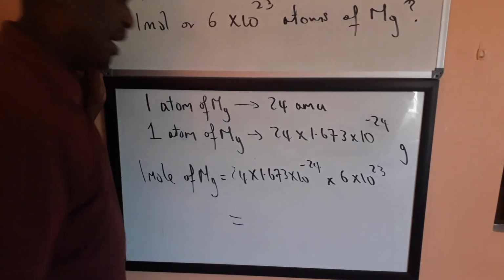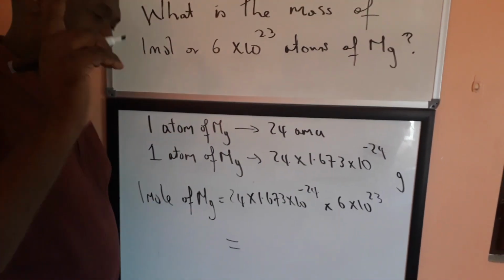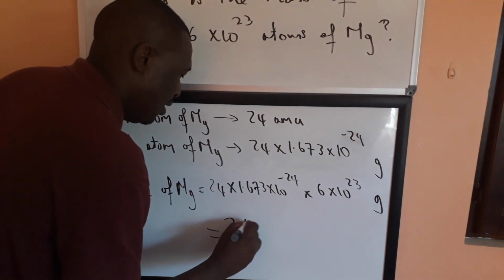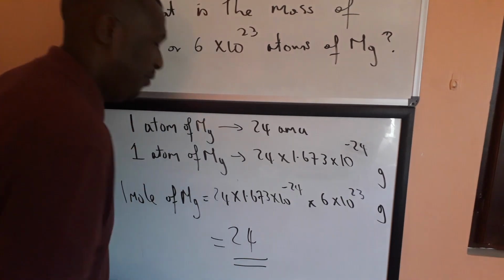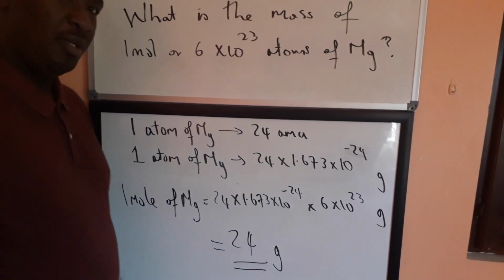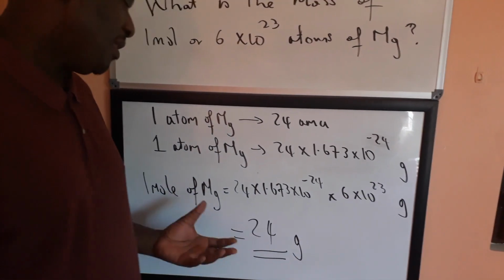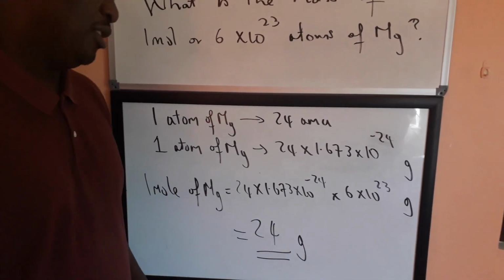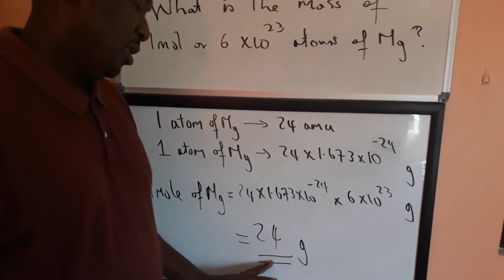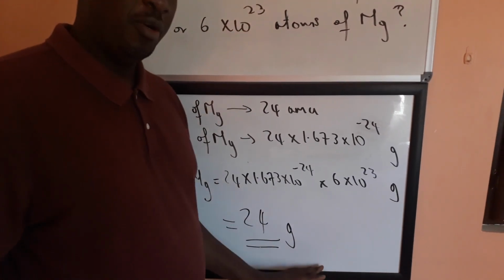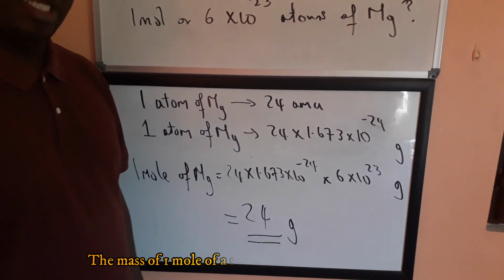And when you multiply that out, surprise, surprise, what you get is about 24 grams. The mass of 1 mole of magnesium, that is 6 times 10 to the 23 atoms of magnesium, is in actual fact 24 grams on a real scale.